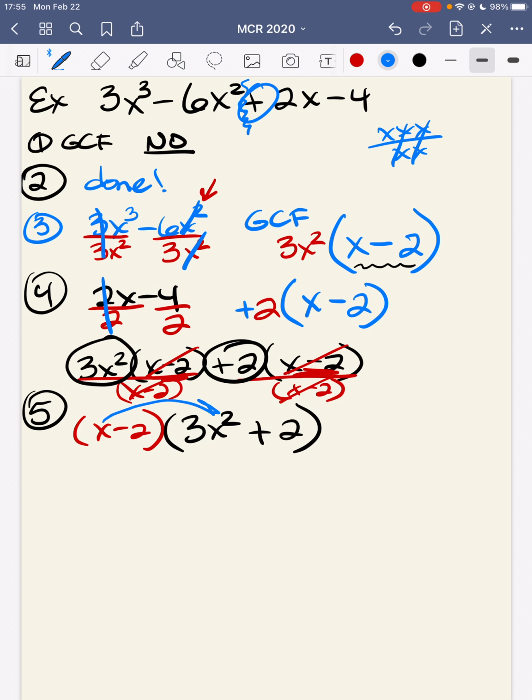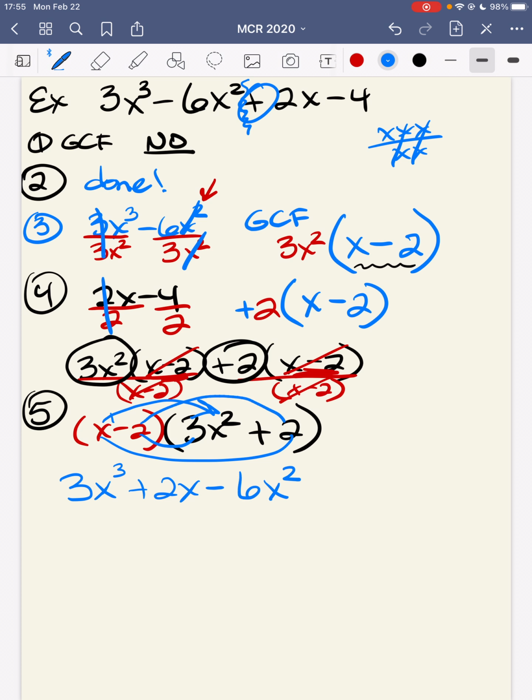X times 3x squared is going to be 3x to the third. X times 2 will be plus 2x. Negative 2 and 3x squared will be a minus 6x squared.